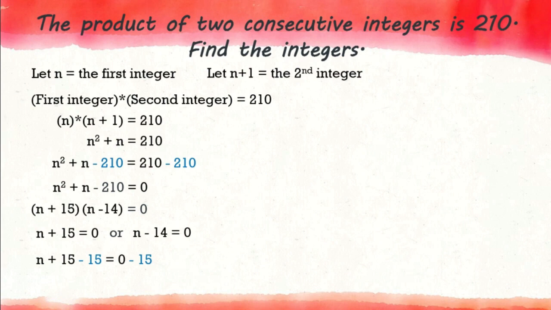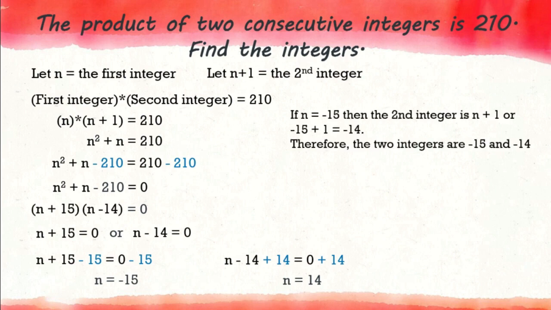So we have the first value of n is negative 15. What about the second factor? We have n minus 14. The additive inverse of negative 14 is positive 14. And then simplify. So we have the second value of n as positive 14.